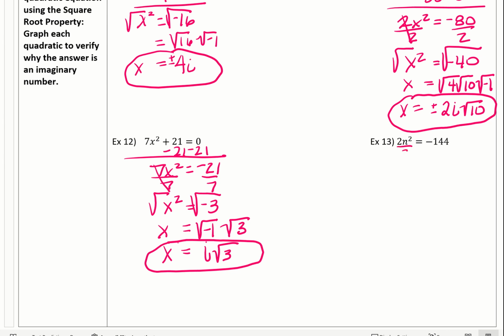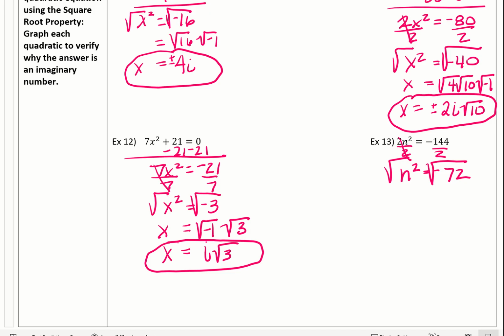Okay, last one here. If I divide by 2 first, I get n squared equals negative 72. And then when I square root, I've got that negative under there. I know that a lot of people will think 9 first and foremost, but when you do 9, 9 goes into 72 8 times, and then 8 is again divisible by 4, a perfect square.